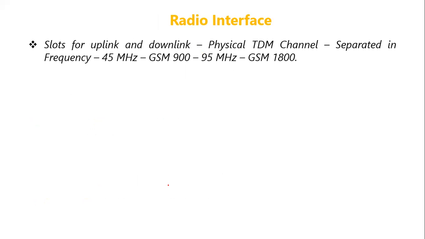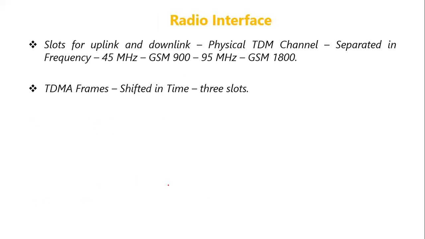There are two factors that allow for the use of simple transmitter hardware. The slots for the uplink and downlink of a physical time division multiplexing channel are separated in frequency. For uplink, the frequency spacing is 45 megahertz for GSM 900, and 95 megahertz for GSM 1800.